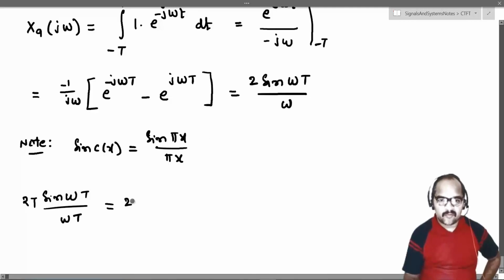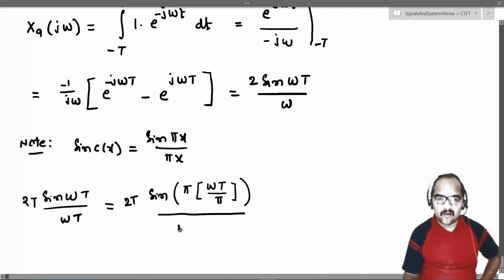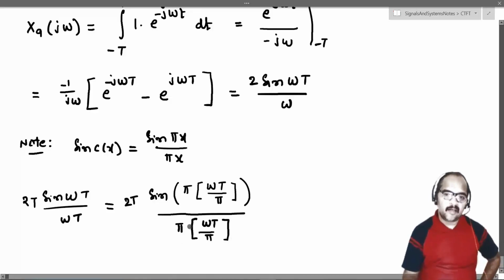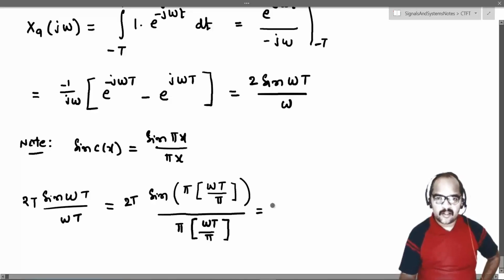Okay, now what will we do? We'll start doing the gimmick. So what do I mean by that? You multiply and divide with pi. So you will get sine pi times, we want omega t, so you should divide it by pi, correct? Sine pi times omega t by pi. In the denominator also we do the same thing. Because we want omega t, you will get omega t divided by pi. So this is nothing but 2t times something that looks like sine pi x by pi x.